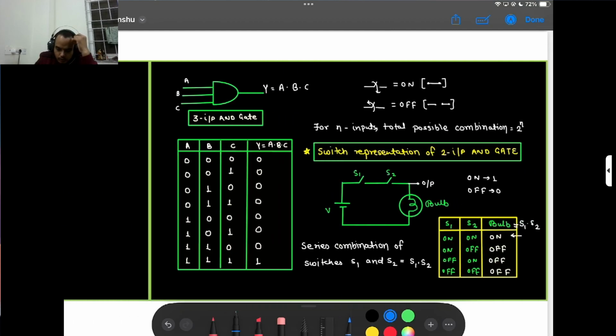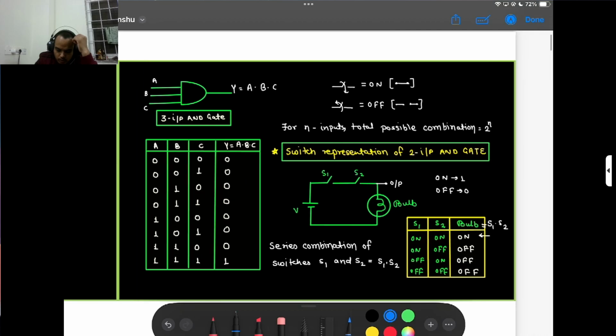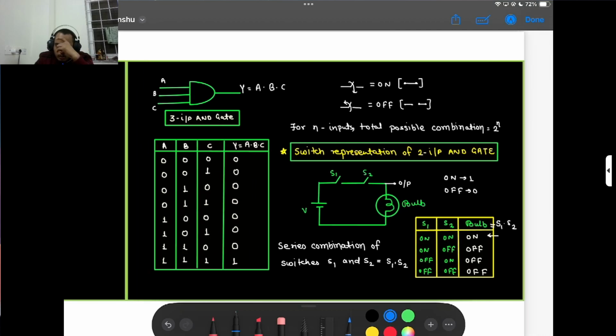And this is a three input AND gate. The output is one only when all three inputs are one; otherwise my output is zero. So it is just like a switch type of behavior: if it is on, it is a closed circuit.